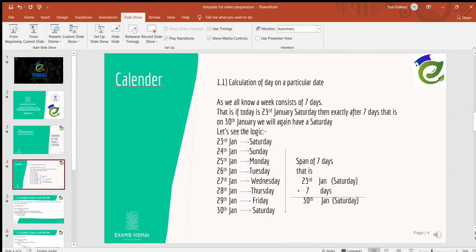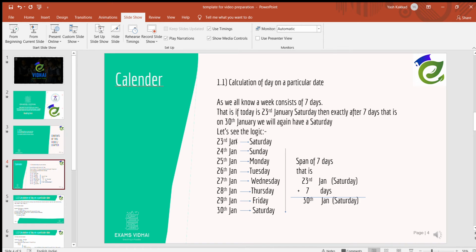Now let's first see how it repeats itself after a period of 7 days. 23rd of Jan is Saturday, 24th of Jan is Sunday, 25th of Jan is Monday, 26th of Jan would be Tuesday, 27th of Jan would be Wednesday, 28th of Jan would be Thursday, 29th of Jan would be Friday, and then 30th of Jan would be Saturday.